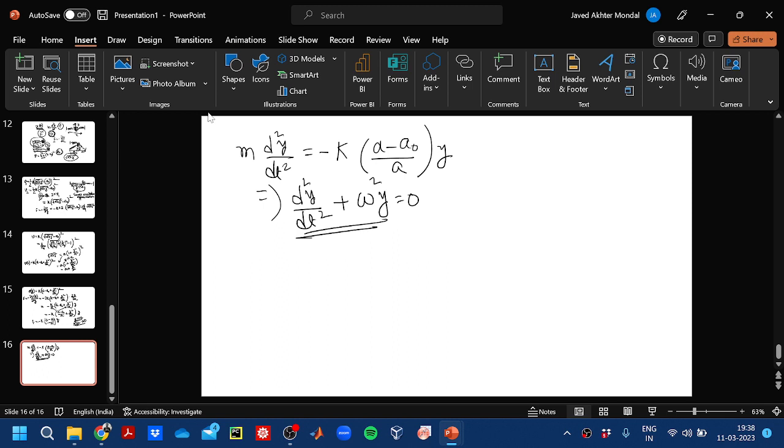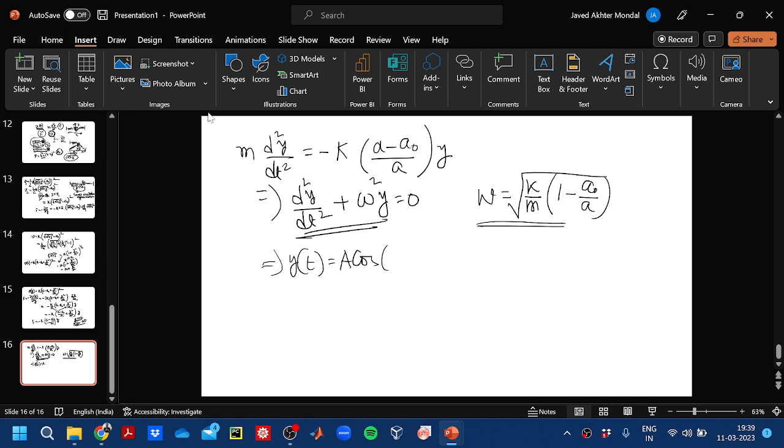So this is exactly similar to our equation of simple harmonic motion. And what is omega here? Omega square is k by m into 1 minus a0 by a. So this is our oscillation frequency. So the solution of this will be A cosine of omega t plus phi.